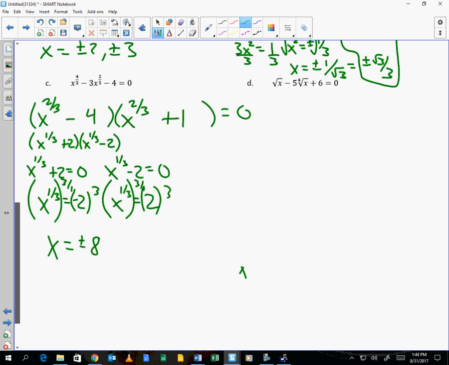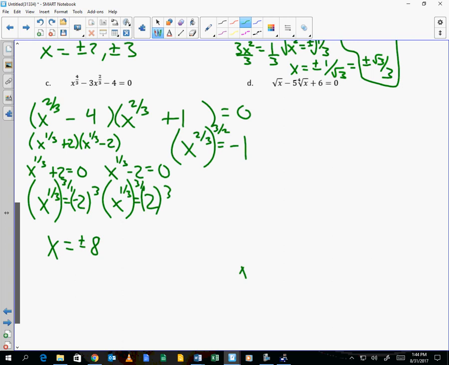Does this factor as the difference of two squares? No. So we get x to the 2/3 is equal to negative 1. How do I get rid of a 2/3 exponent? What did you say, Gigi? We're not going to multiply it by 3/2, but rather raise it to the 3/2 power. Very good.